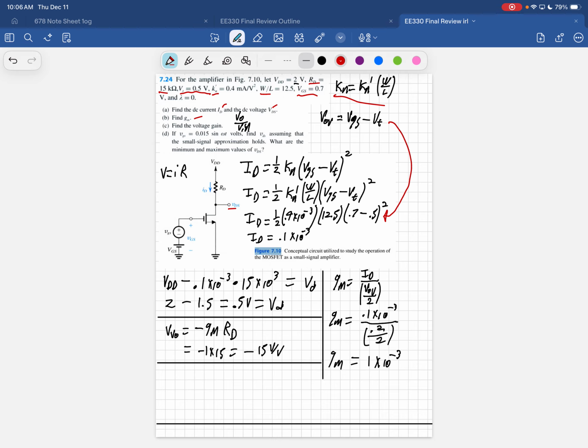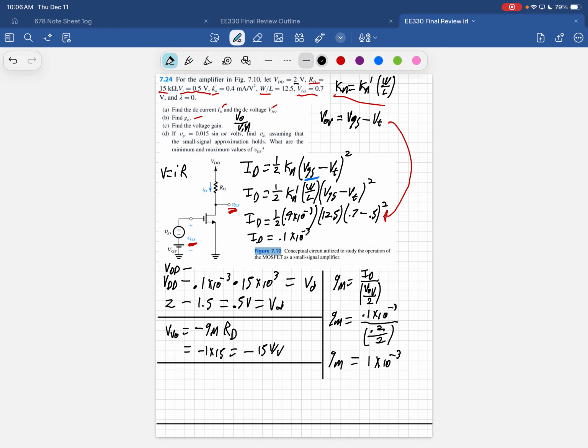So V out over V in, right? V out is going to be your VDS, again, right here. And your V in is going to be your VGS, down here. Finding those in our equation, you got VGS right here. And then I forgot to write it down fully, but it's based off of when we found our VD here.